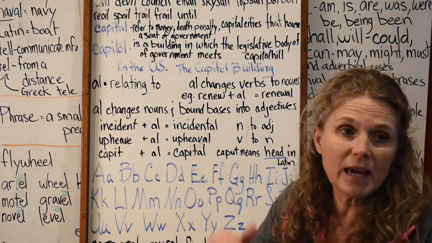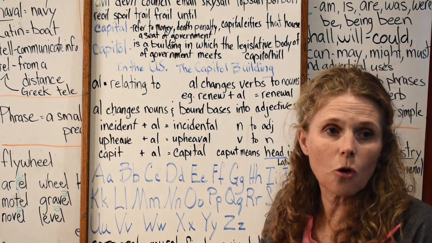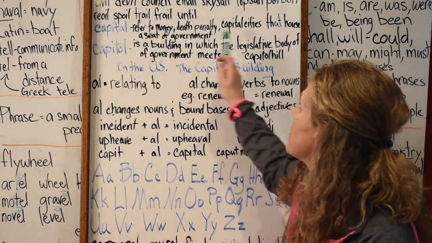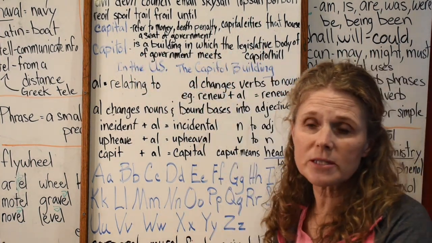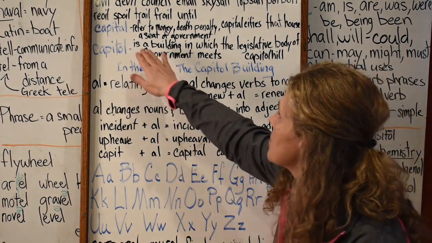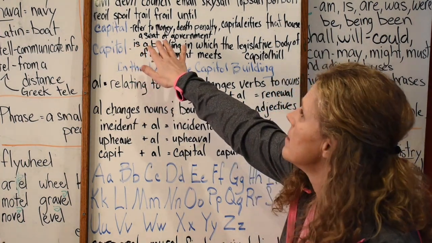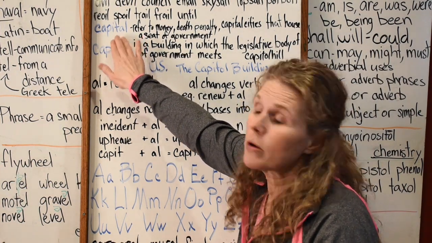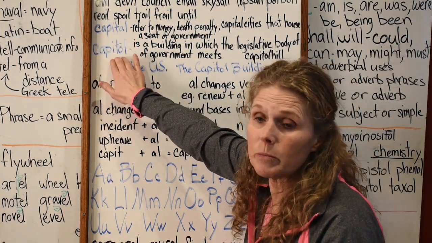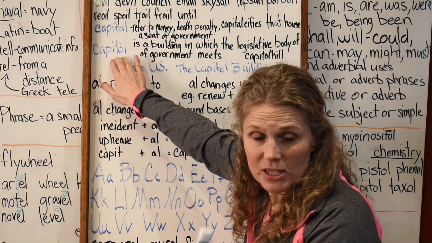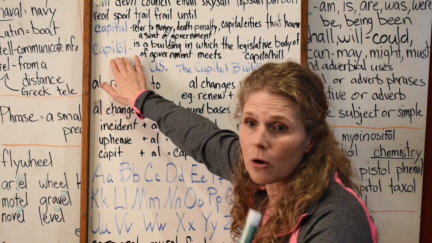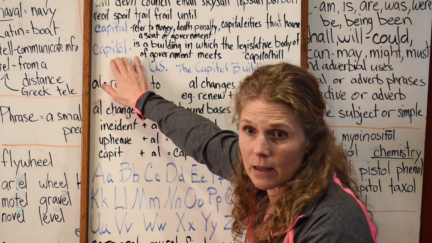No, it has to be the actual capitol. So the capital city of Oregon is Salem, right? And so we spell it that way, but when we refer to the Capitol building, the actual building, I want to go to the Capitol building in Salem.